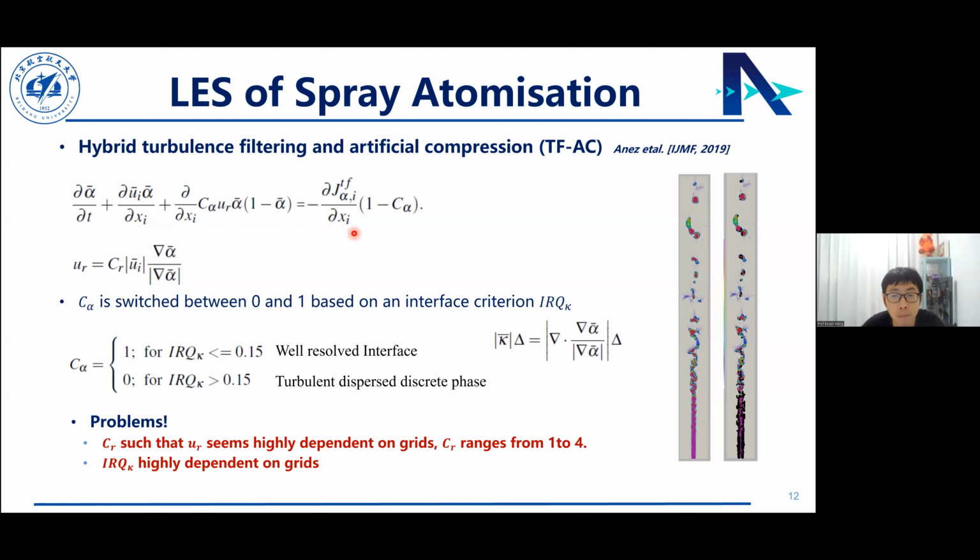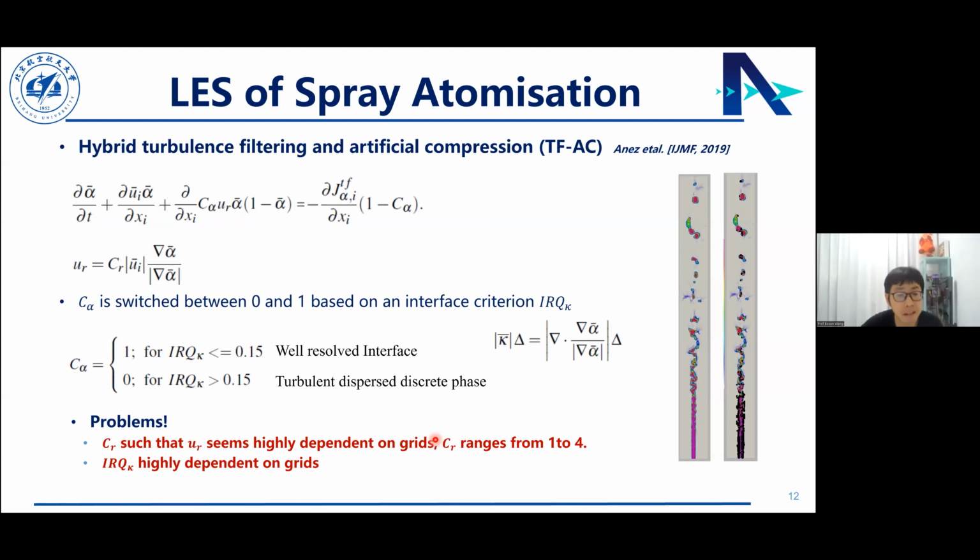And the problem here is the CR in this model seems highly dependent on grids. This is an algorithm in interFoam in OpenFOAM. The CR value is recommended from 1 to 4 by Yasaki and Henry-Vella.